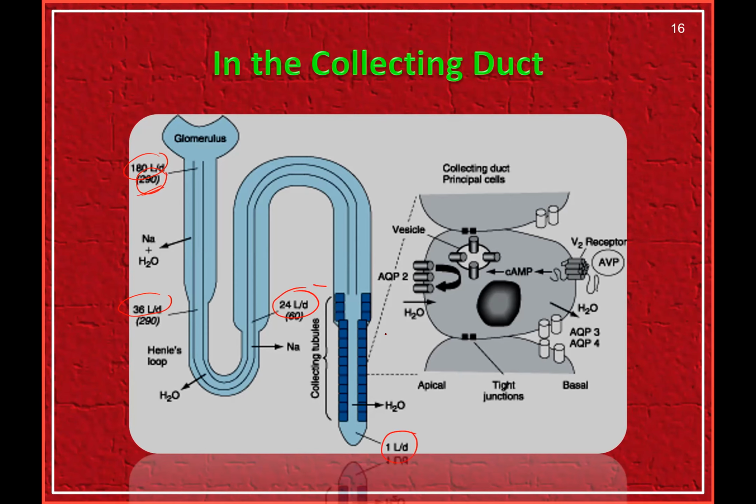The area that is marked here is under the influence of the aquaporin channels, aquaporin 3 and 4, which are under the control of the arginine vasopressin. What does arginine vasopressin do? It attaches to the V2 receptor on the basolateral side and then stimulates the cyclic AMP. The cyclic AMP opens these vesicles, the aquaporin 2 channels.